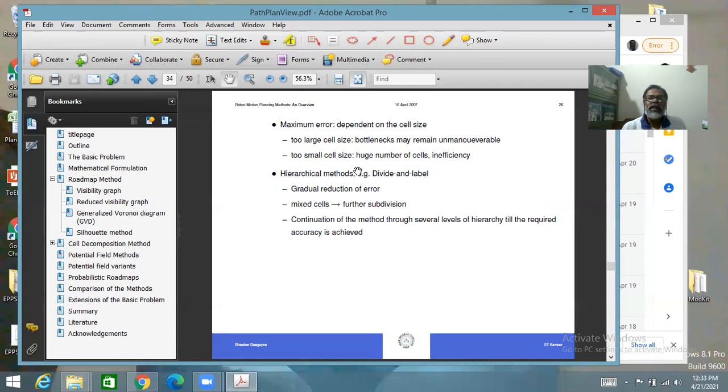For that, you decide on a hierarchical method: divide and label. You reduce the error gradually by considering the mixed cells for further subdivision. You can continue this subdivision of mixed cells for several rounds.